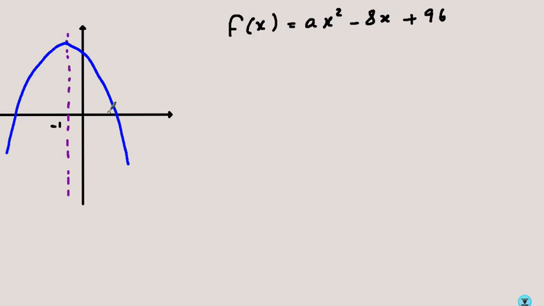In this case, we know that the axis of symmetry is at -1, which is the x-coordinate of the vertex.